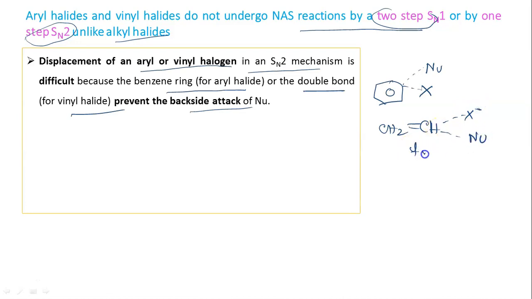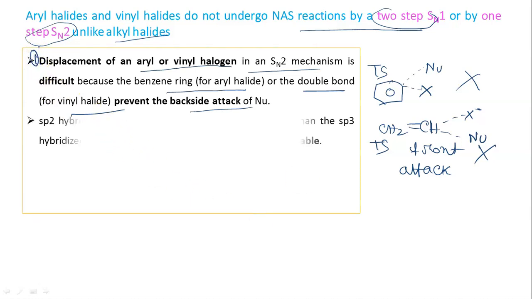So this is the front attack. But front attack is a highly energy-requiring process. This type of transition state is highly unlikely, and we will not observe it. So that is the reason the one-step concerted SN2 that we have observed for alkyl halides is not possible in case of aryl halides and vinyl halides. So this is the first reason.